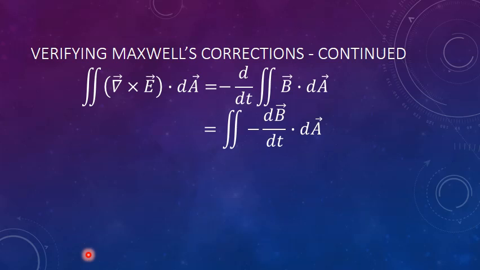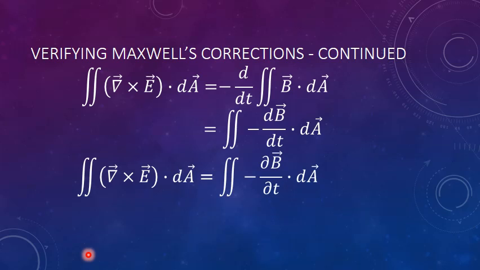Now, when I do that, what happens? Well, we get these two integrals. And now if you look at the integrals themselves, they are the same. I have on the left and the right-hand side an area integral that is dotted into dA. Now that means if the integrals are equal, then what's inside also has to be equal. So this is how we validated that this version of Faraday's law is correct.